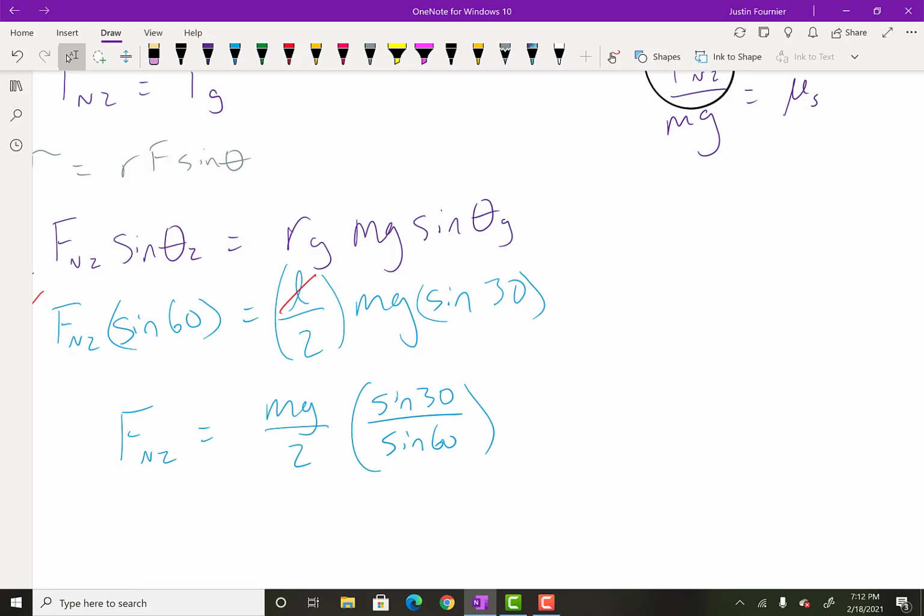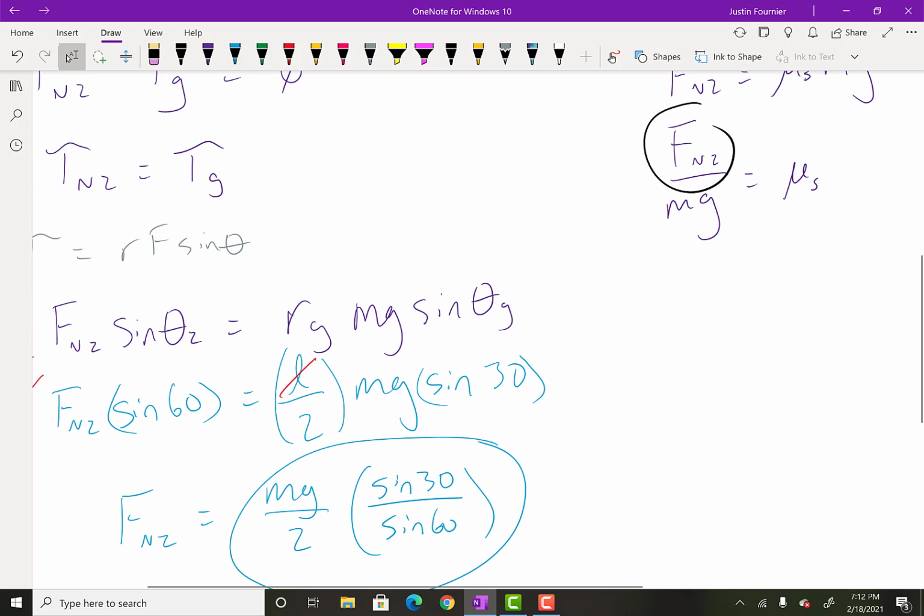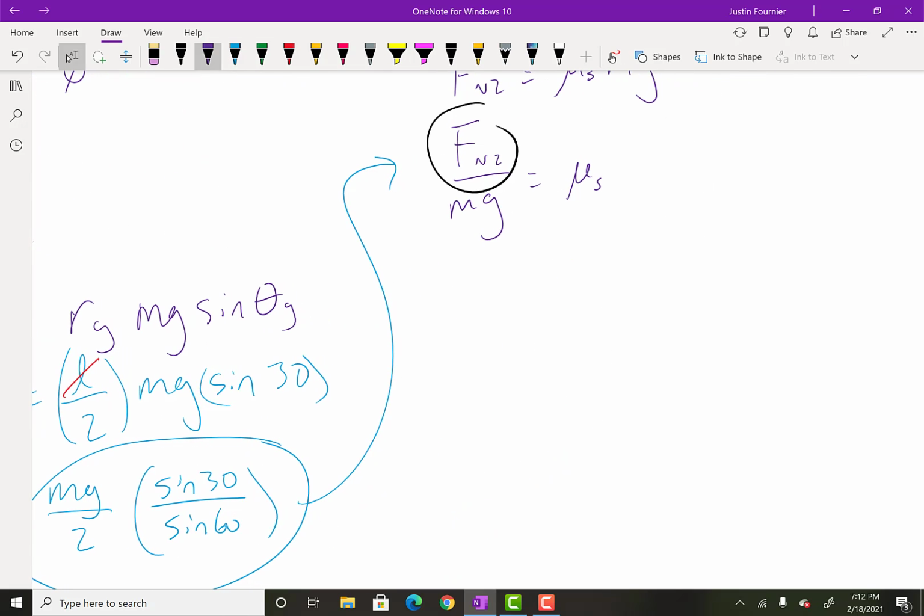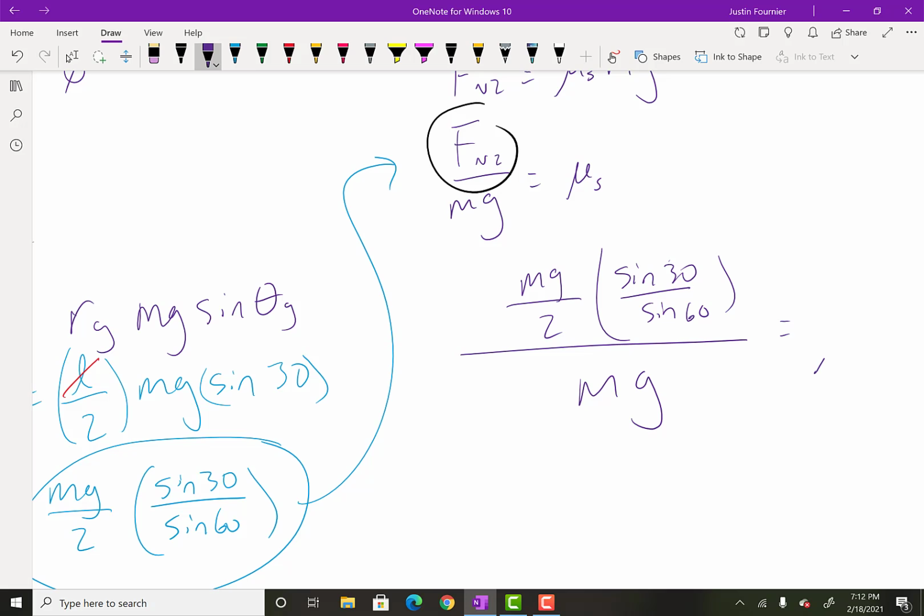Yeah, I'm going to just plug stuff in. I could simplify, but I'll calculate everything at the end. So that's going to be mg over 2 times sine of 30 over sine of 60 divided by mg equals the coefficient of static friction.